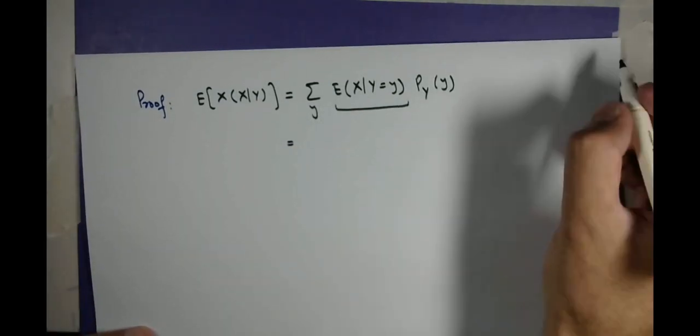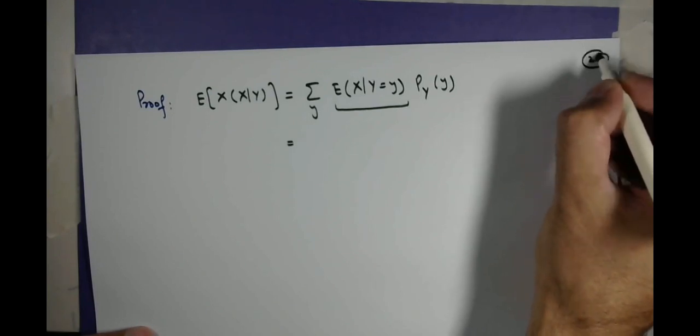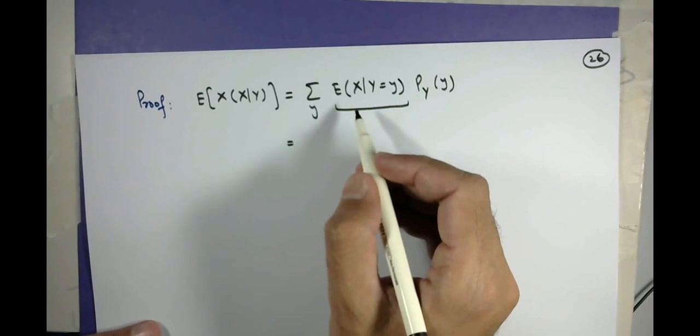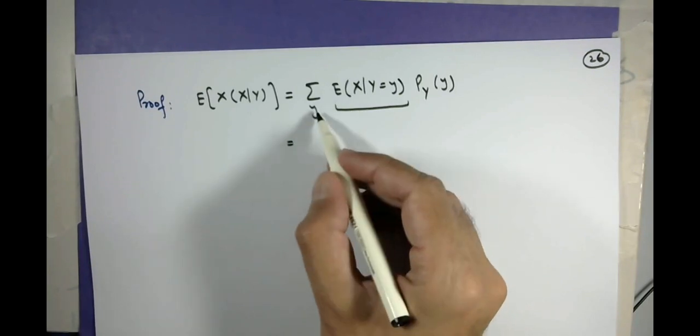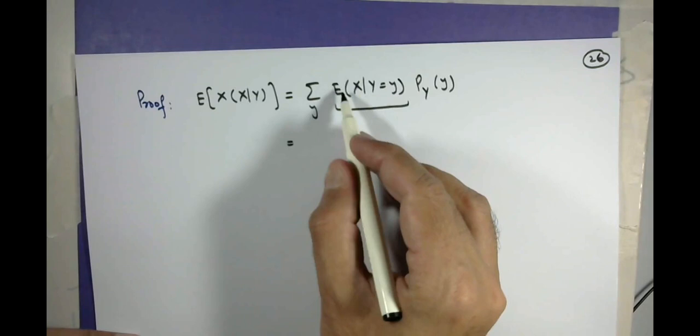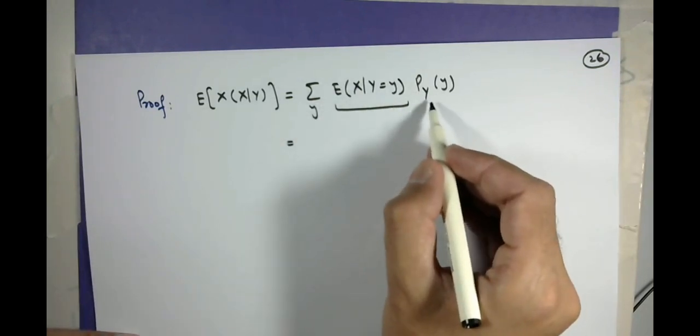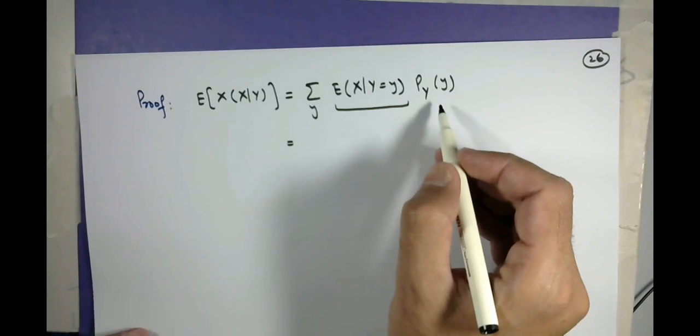Always remember, when you open up the expectation operator, three things emerge: the summation sign, the thing which is inside the brackets in the argument of the expectation, and the third thing is the probability distribution.